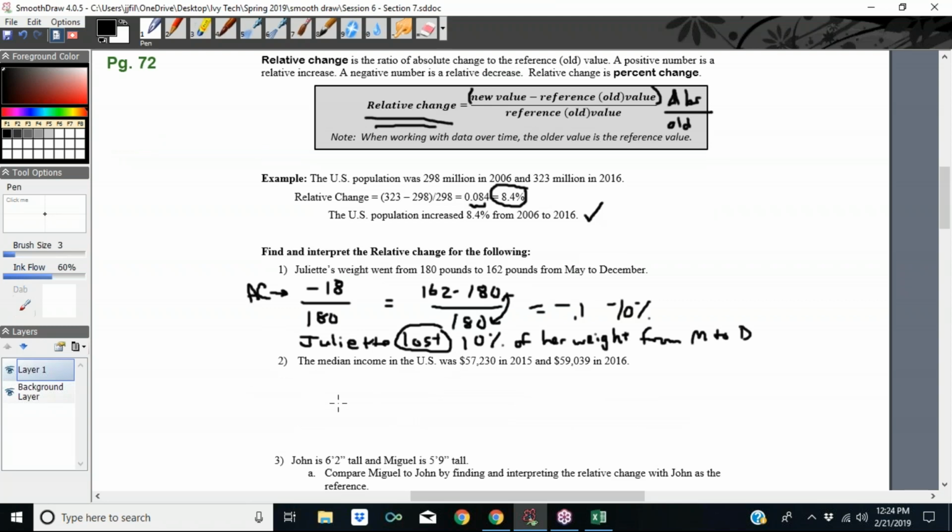And then that median income, remember we already subtracted these: 59,039 minus the 57,230, and we're going to divide that by the 57,230, the original value. So that was 1809 divided by 57,230. And then let's see what we get there.